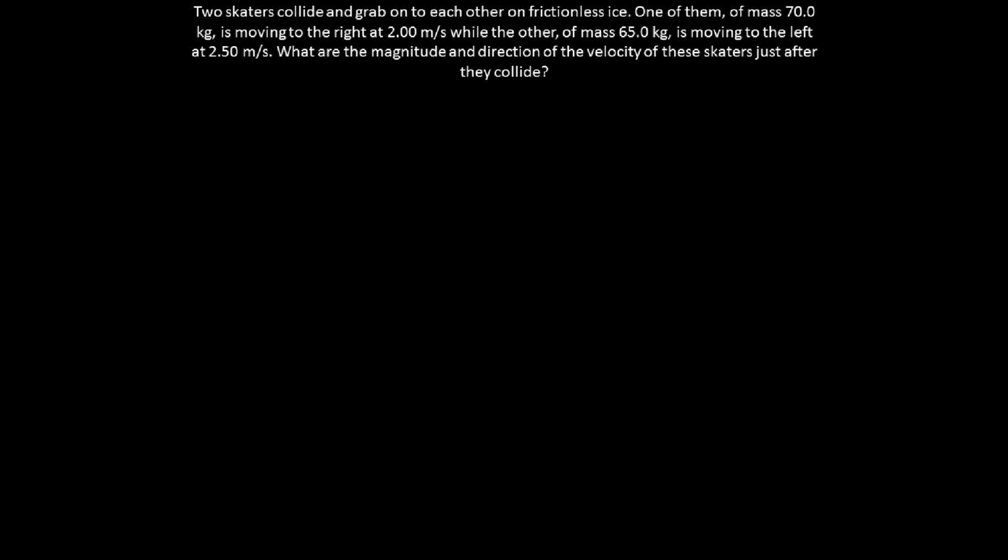So first, we need to identify what kind of collision this is. Since they grabbed onto each other, they have the same velocity, so this is a completely inelastic collision. The formula for a completely inelastic collision is MA VA1 plus MB VB2 equals MA plus MB V2.